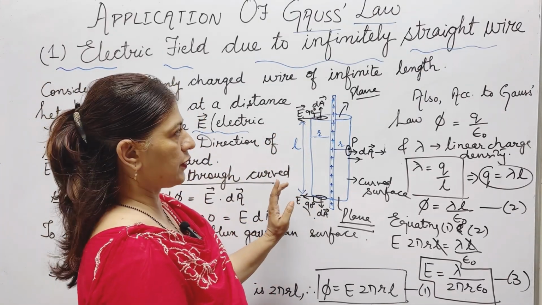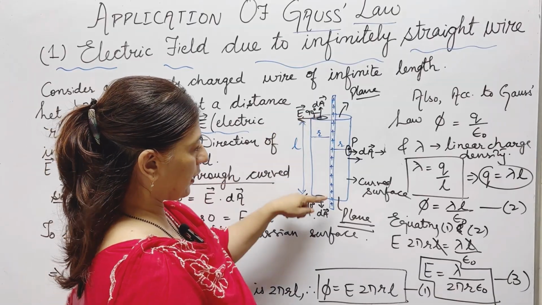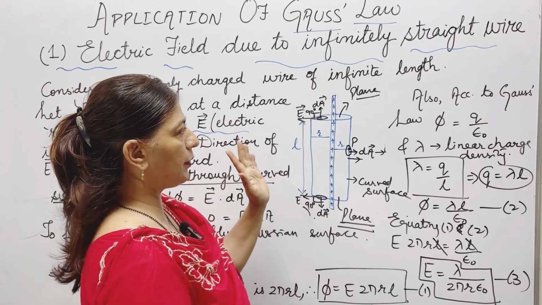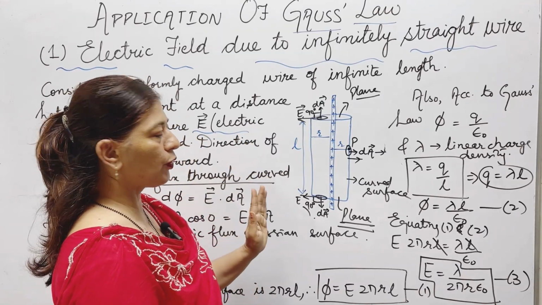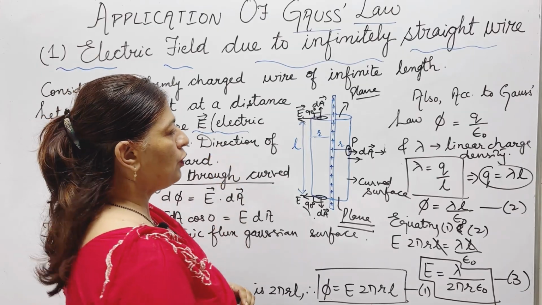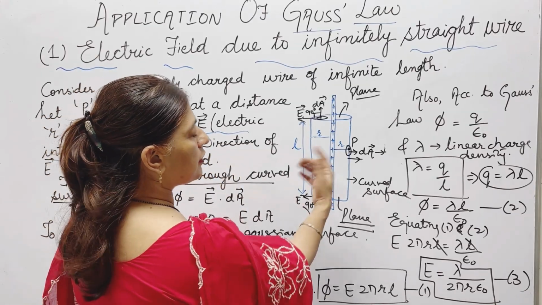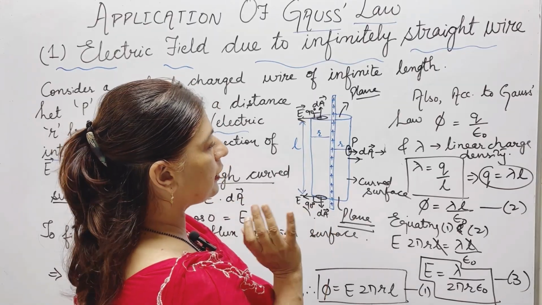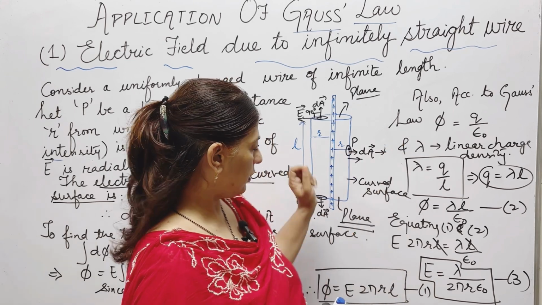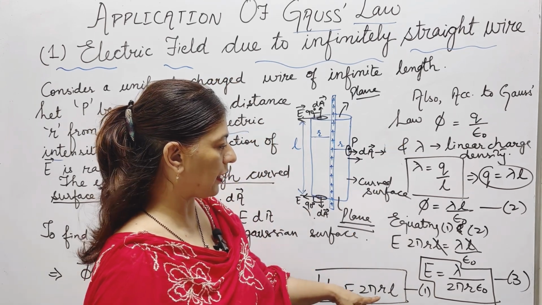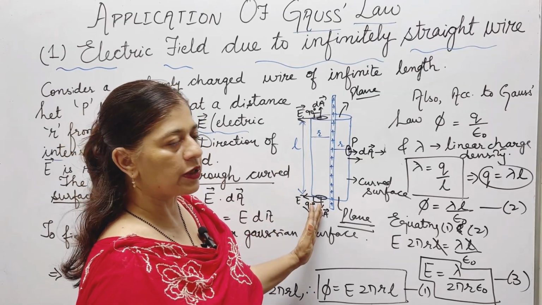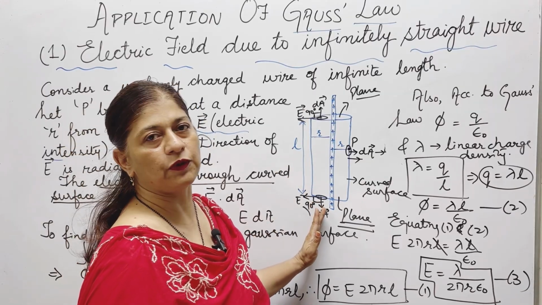The electric flux across the plane surfaces will be 0 because the angle between the electric field and the area element is 90 degrees, and because of cos 90 being 0, the flux is 0. So electric flux is only across the curved surface, and we have calculated that it comes out to be equal to lambda L by epsilon naught, and also phi equal to E 2 pi RL. On equating, we can find out the electric field because of this infinitely long straight wire easily with the help of the Gauss law.